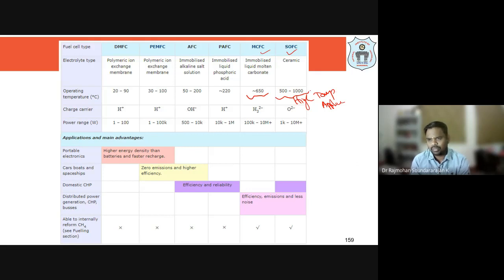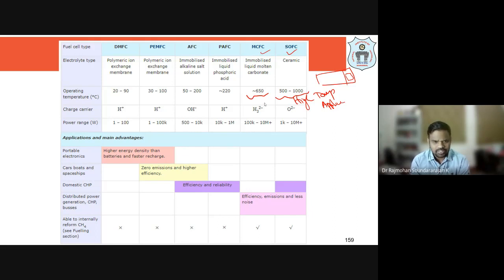Okay, operating temperature is very high, so we cannot have this many degrees Celsius of operation in our car, right? So they are mostly used either in big buses, or otherwise for stationary applications. Okay, like buildings, we can use these high temperature operating fuel cells.